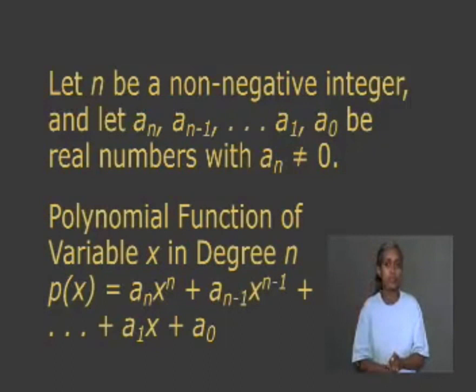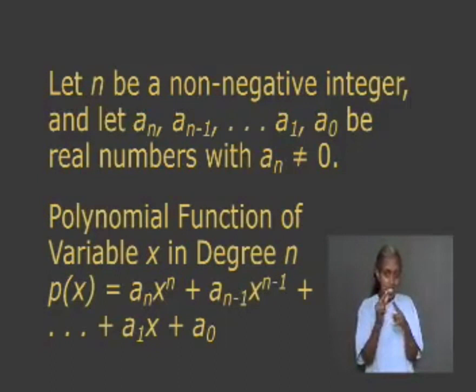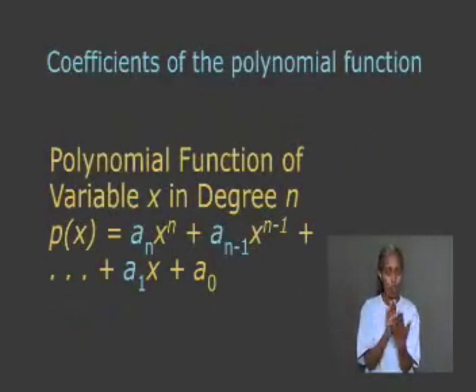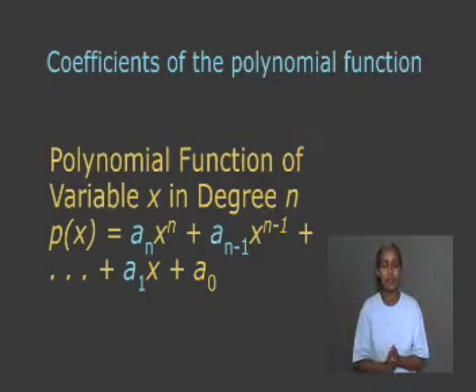In this definition, note that the terms defined by a are called the coefficients of the polynomial function, or simply the polynomial. The number a sub n is called the leading coefficient of the polynomial function, and a sub n x to the power of n is the leading term.